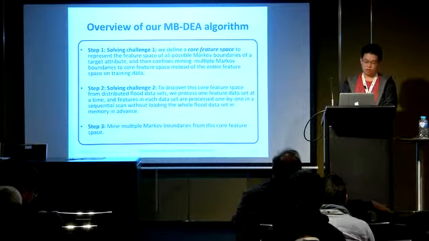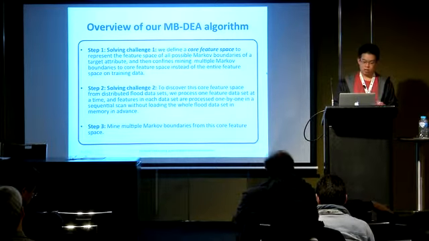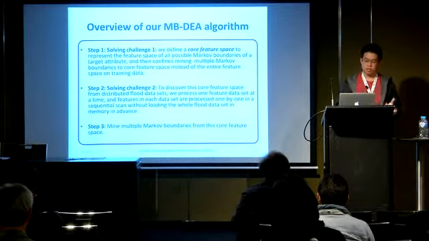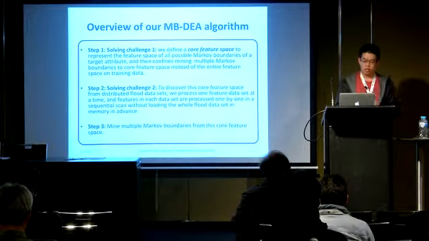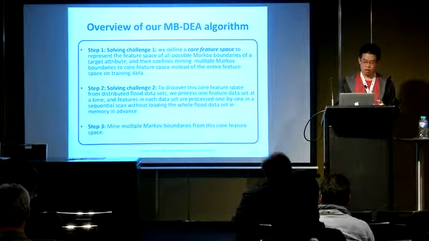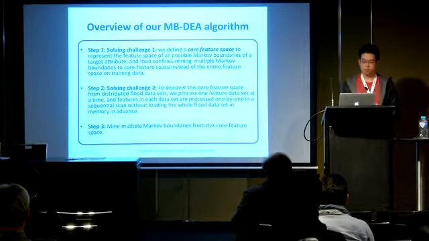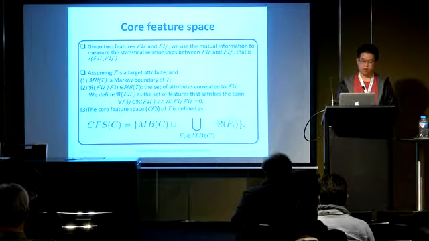This is to discover the feature space. We process one feature set at a time, and process one feature in each data set at one time sequentially. We load the whole data set in memory in advance to do this. Then we mine the multiple Markov boundaries from this core feature space that is obtained.